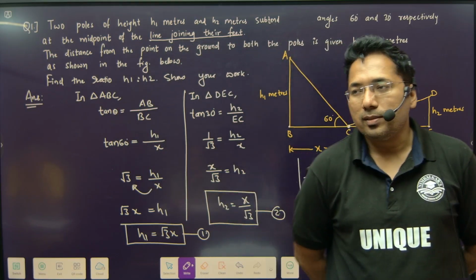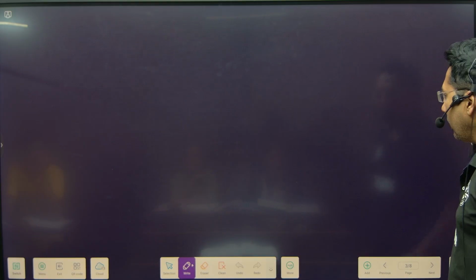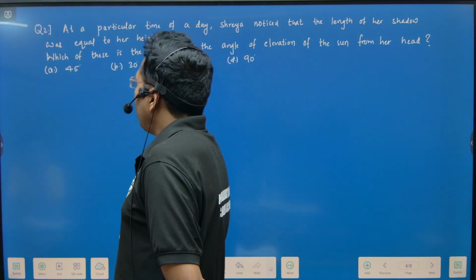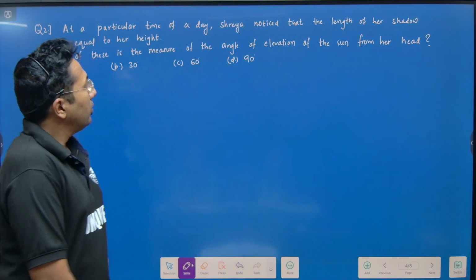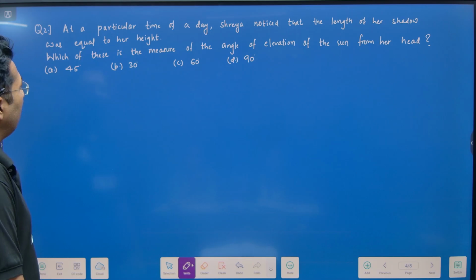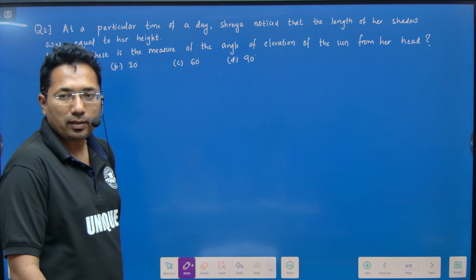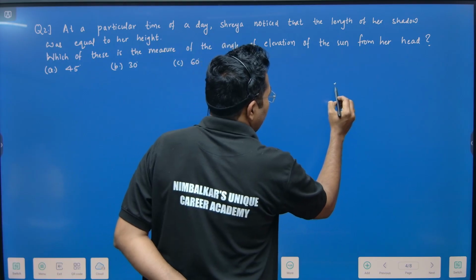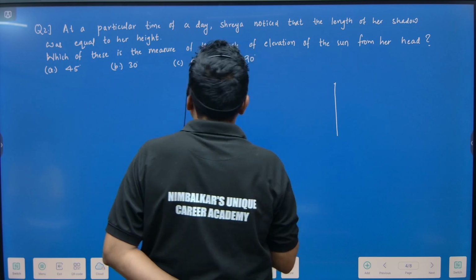So let's go to the next sum. At a particular time of a day, Shreya noticed that the length of her shadow was equal to her height. Let us draw a triangle depicting this situation.